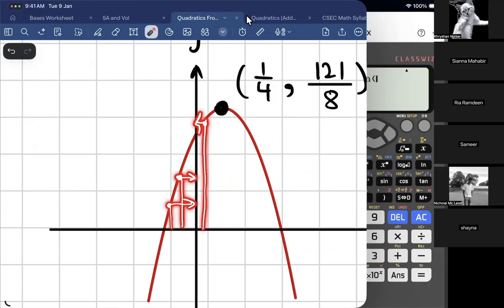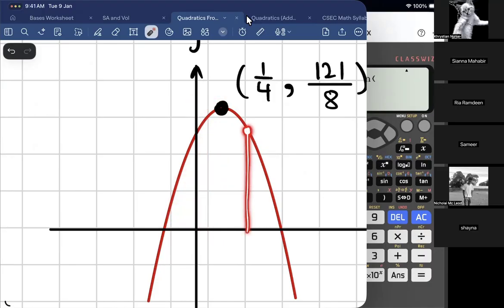Tell me, Sienna, as the x value gets bigger, do you gain a smaller y value or a bigger y value? It gets bigger, right? Until you reach the maximum point. Yes, and then it turns and goes downwards. So that's why it would be 0.